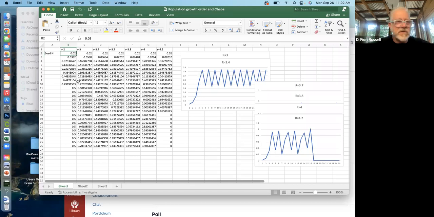100% of the individuals. So you can see, what I did simply to program this was I took the number of individuals here, and in the next formula box, I multiply that times the growth rate, R, which is at the very top, R equals 2 in this case. So B2, the cell B2, 0.02 times 2 gives us the maximum growth rate.